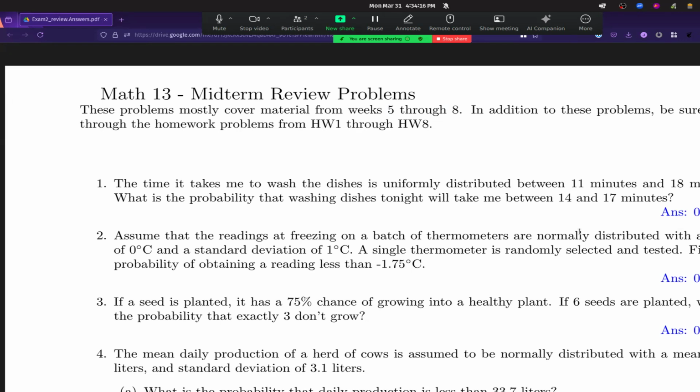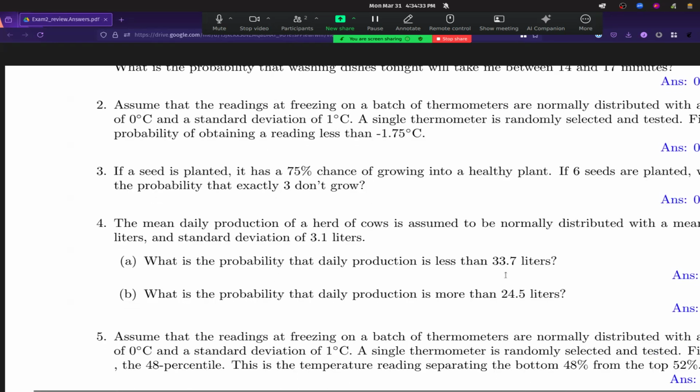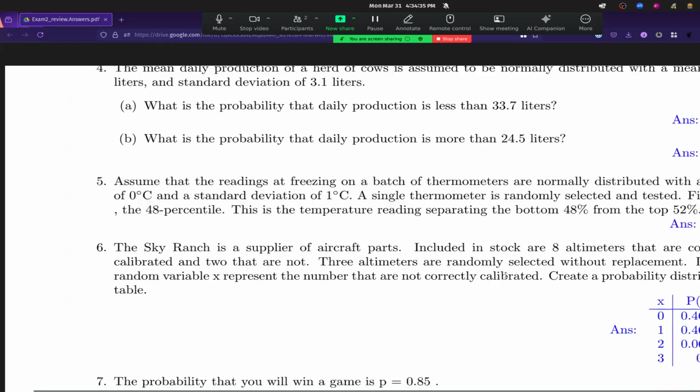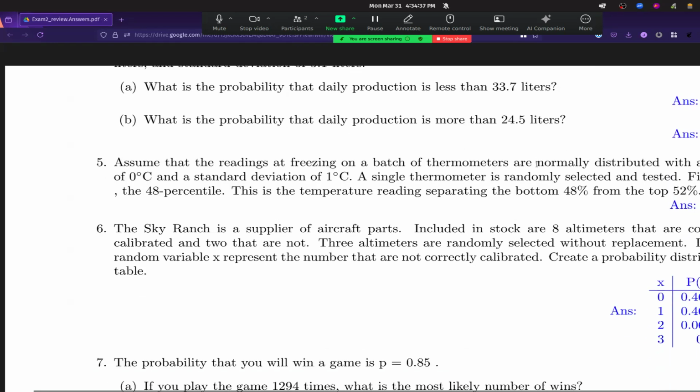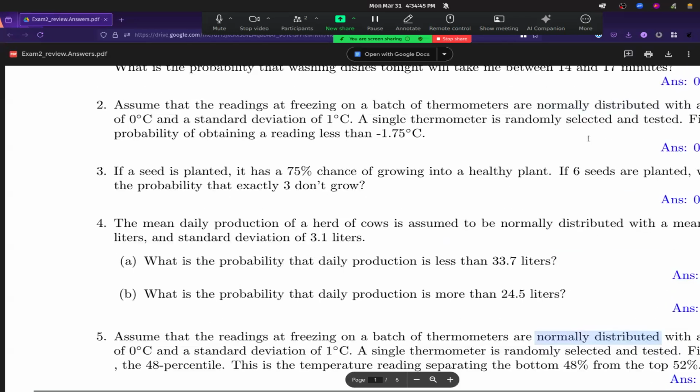So maybe we can just pick a few and talk through how you could decide what type of problem it is. For something like this, where it says it's uniformly distributed, that's your keyword right there. As opposed to, let me find one really quick. Here, number 5 says they're normally distributed. Uniformly distributed and normally distributed are two opposite things.